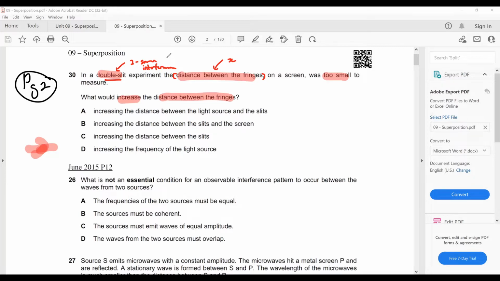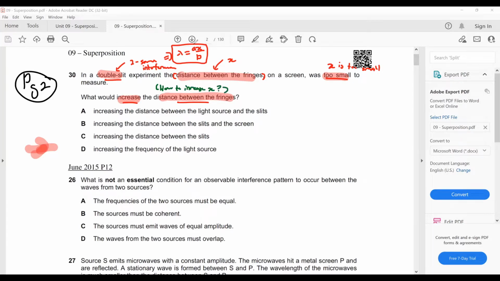With a double slit, a two source interference pattern, this equation would always apply: lambda equals ax over D. They tell you the distance between the fringes is too small to measure, meaning to say x is too small. In other words, they're asking you how to increase x.